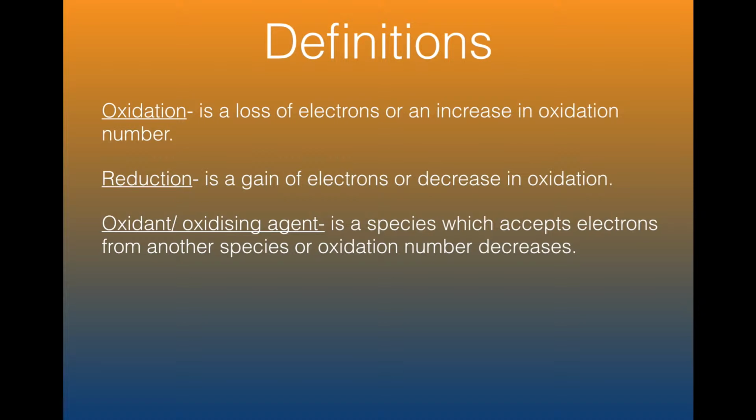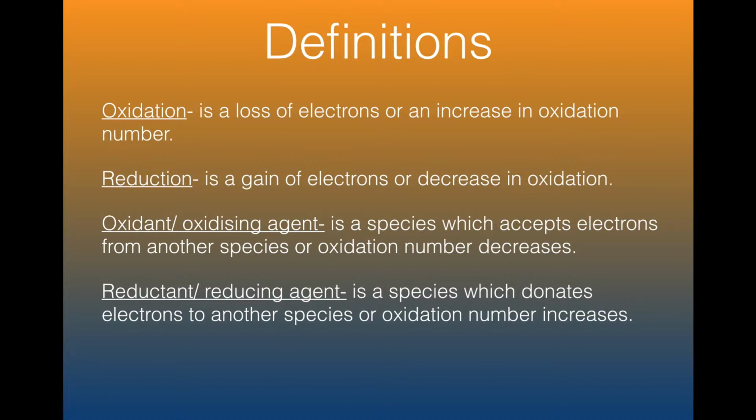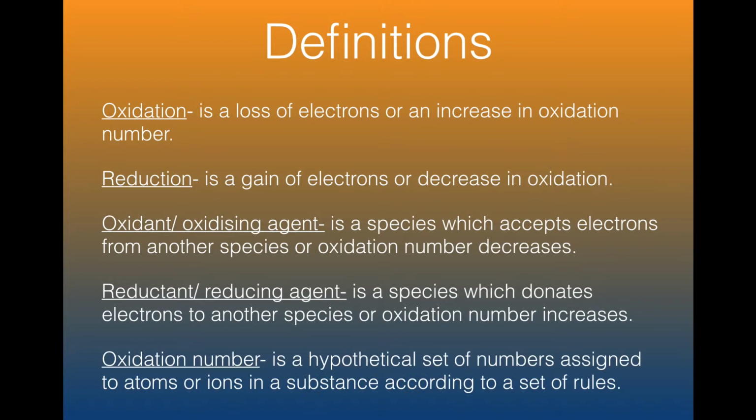An oxidant or an oxidizing agent is a species which accepts electrons from another species, or whose oxidation number decreases. A reductant or reducing agent is a species which donates electrons to another species, or whose oxidation number increases.